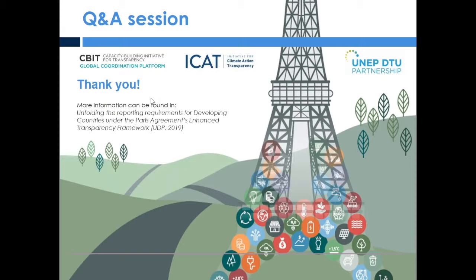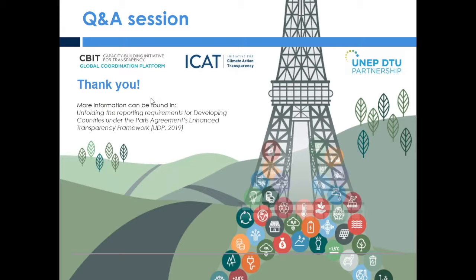We're expecting that by the end of 2020, the UNFCCC will provide basically a table of contents for the biennial transparency report and common reporting tables, so Excel-based tables that countries will have to fill in with the specific information requested.